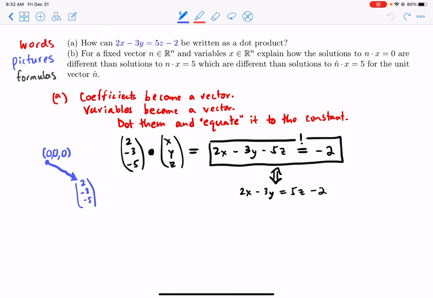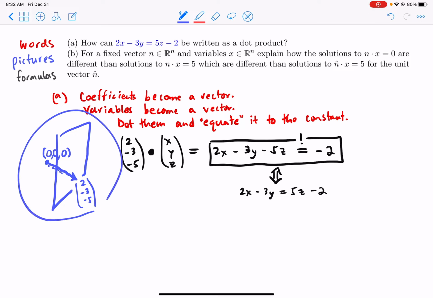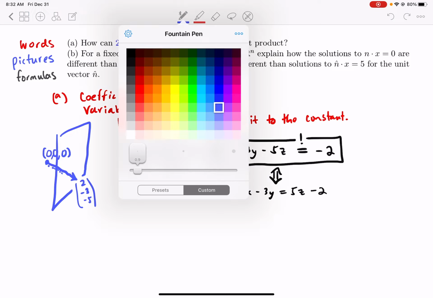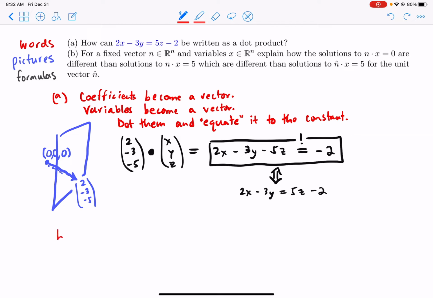But then we want it to be equal to 5, so actually we're going to shift that plane forward to somewhere off the origin, but with the same direction, or with the same normal vector right here. Anyway, this is just a picture that I'm not going to explain, because part B is all about explaining it.